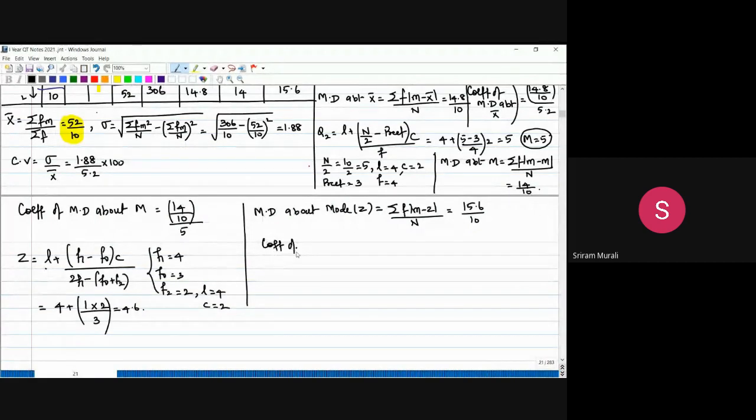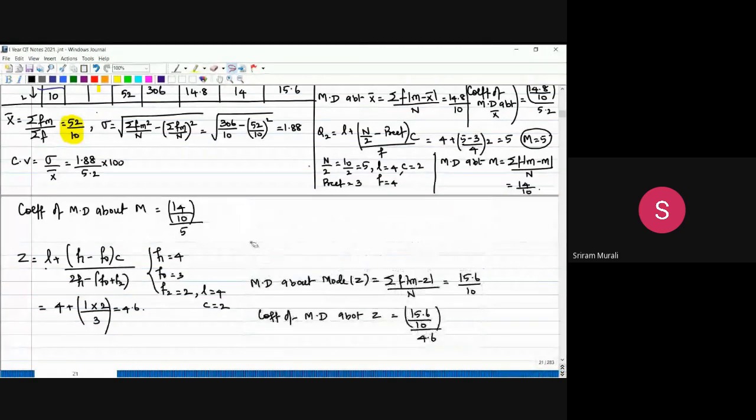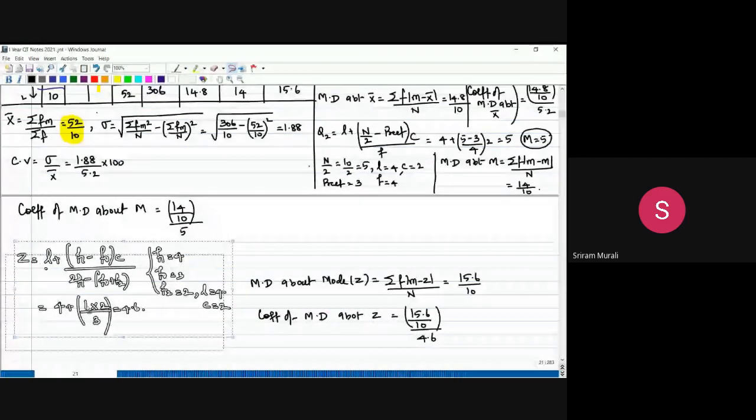Coefficient of MD about mode is equal to 15.6 by 10 by mode, which is 4.6. So this is all about your mode. I hope you have understood all the subdivisions. If you have any queries, you may ask.